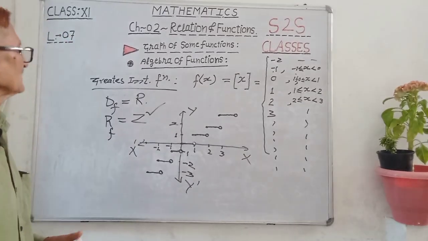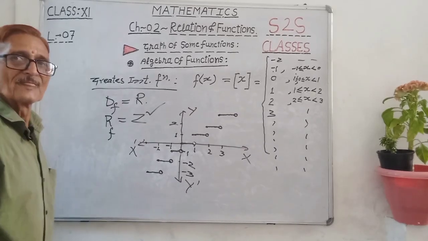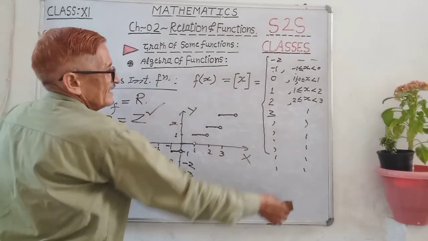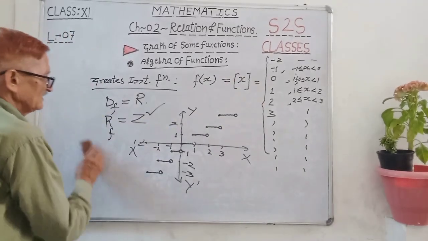Understand, this is the greatest integer graph. Clear? This is the definition. According to the definition, the output is all integers only.